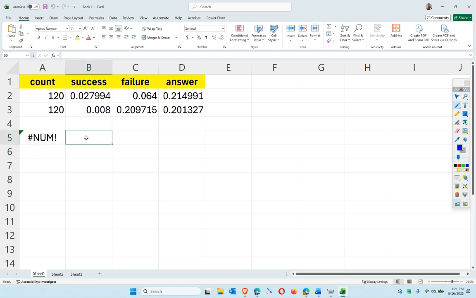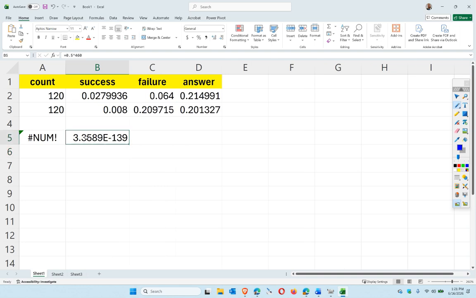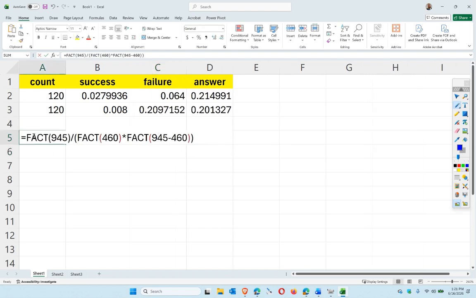Well, maybe if I do the other ones there, right? So that's 50% to the 460, right? And then 50% to the parentheses 945 minus 460, correct? Okay, did I get the right numbers there? Yes, I did. All right, well, let's try to do the answer.